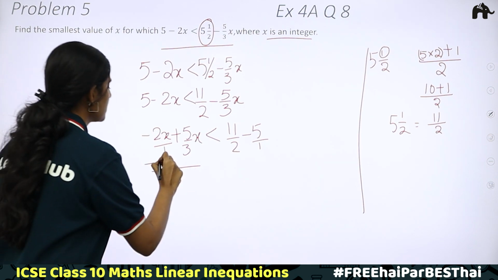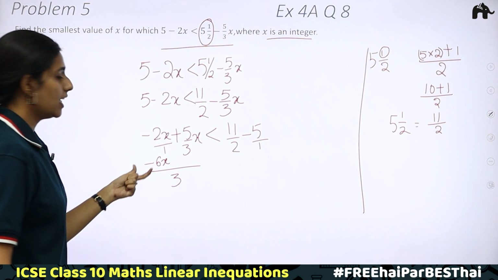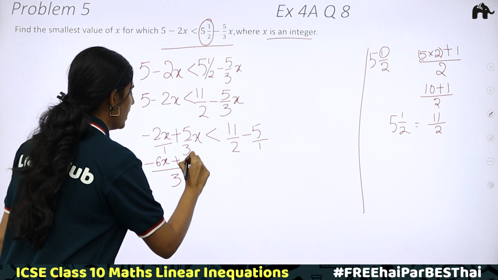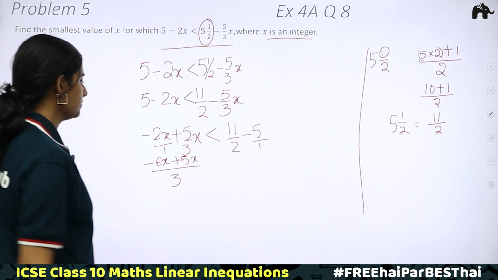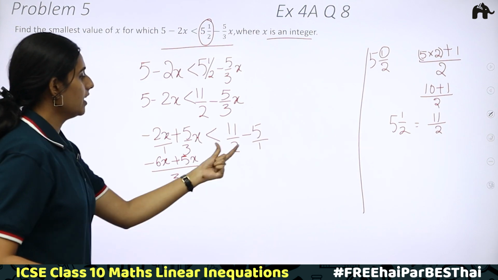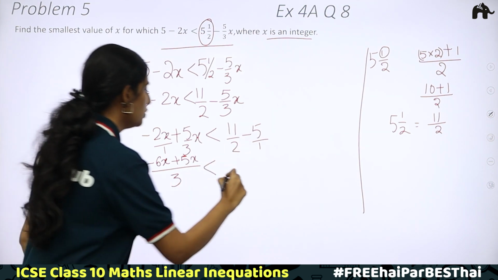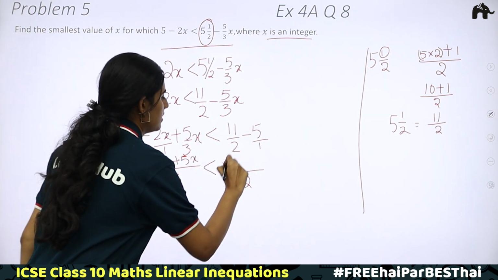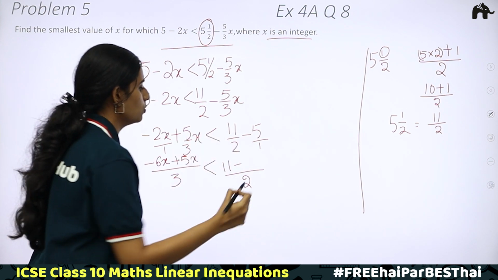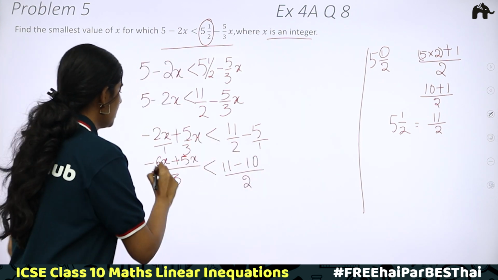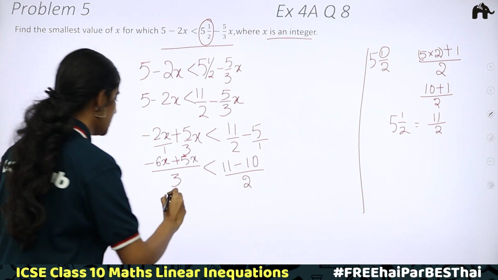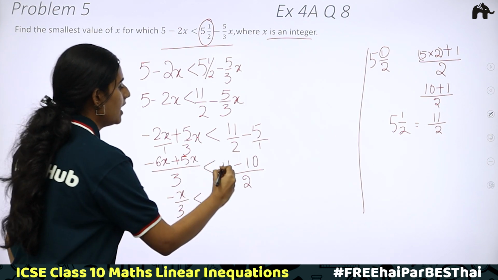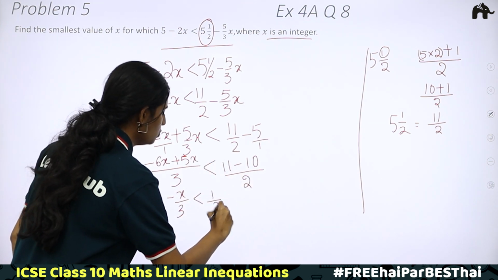What is 3 into 2x? 6x. Minus 6x plus 5 into 1. 5 into 1 is 5. That is 5x. Less than, here again the LCM is 2. 1 into 11 minus 5 into 2. 5 into 2, 10. Minus 6x plus 5x is minus x divided by 3 less than 11 minus 10, 1 by 2.